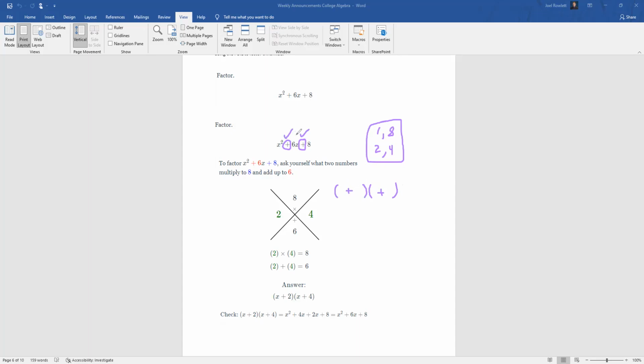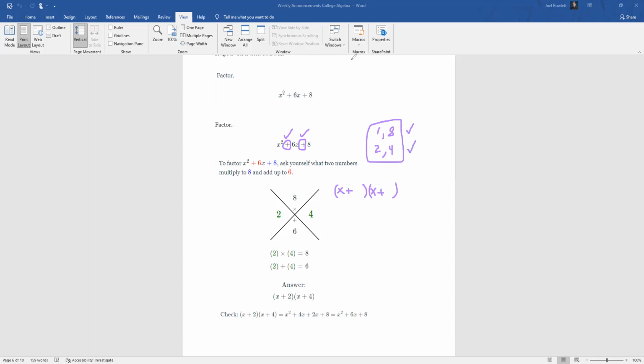Since we have x squared as the first term, I know that I have an x here and an x here because x times x is x squared. And now I'm just going to look at my 2 sets of possibilities, right? I've got the 1 times 8 and I have the 2 times 4.